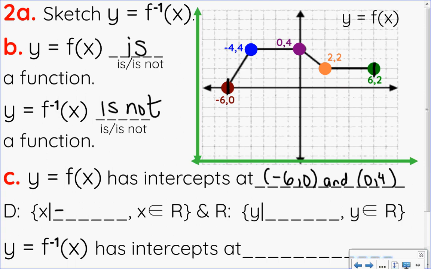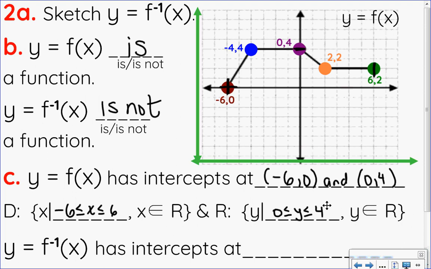So the domain is in between negative 6 and +6, but still an element of the reals. For the range, I look at my y values. So I can see the range goes from a low point of 0 to a high point of 4. So that means my range is the set of all y such that y is greater than or equal to 0, but less than or equal to 4.